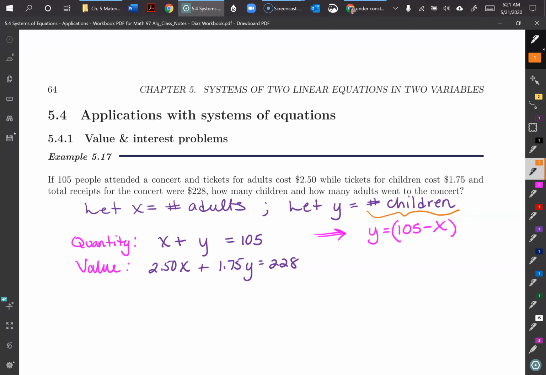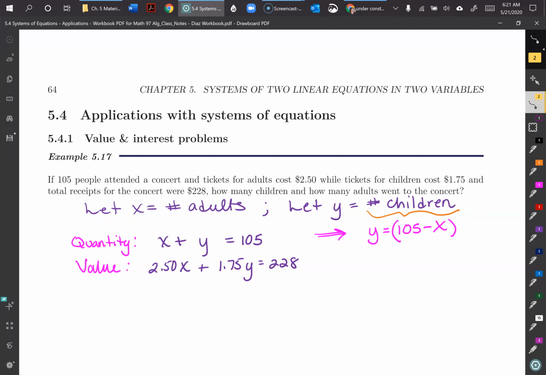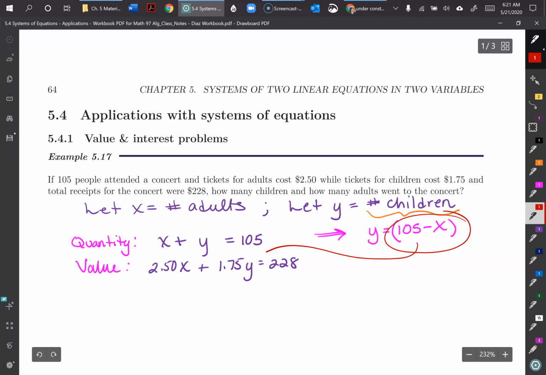So you've done pieces that look like this before, right? You've done let X equal number of adults and let number of children equal the total minus the part that was the adult ticket. Same idea here. Now we're going to substitute this expression in for Y into our other equation.